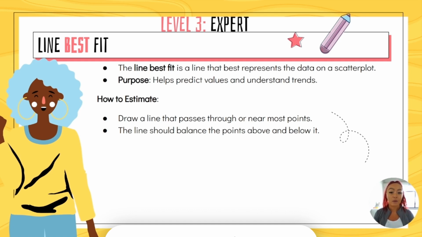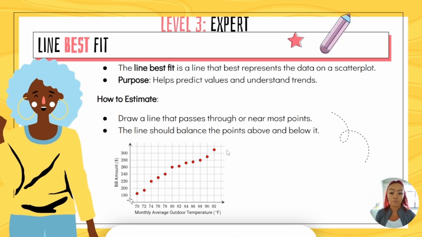So how to estimate it? You draw a line that passes through or near most of the points, and you want to make sure that the line balances points above and below the line. So we'll look at an example. Here's a scatter plot of the electricity bill amount based on the temperature outside.